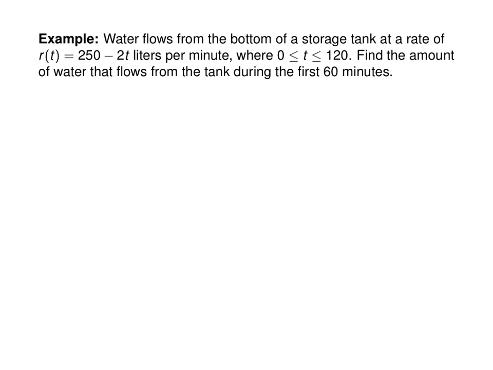So if I find the integral of 250 minus 2t, I want to find the area under this curve between 0 and 60. So I anti-differentiate, and that will give me how many liters leaked out.